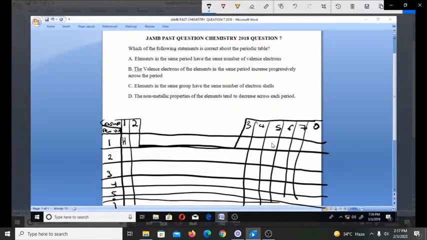So you have hydrogen there. Then in period 2 you have lithium and beryllium. Whereas on this other side you have boron, carbon, nitrogen, oxygen, fluorine, and neon.